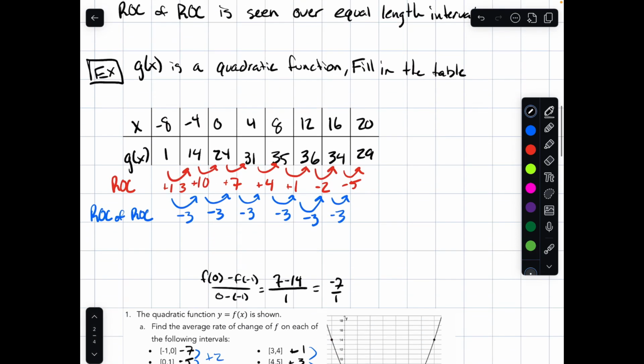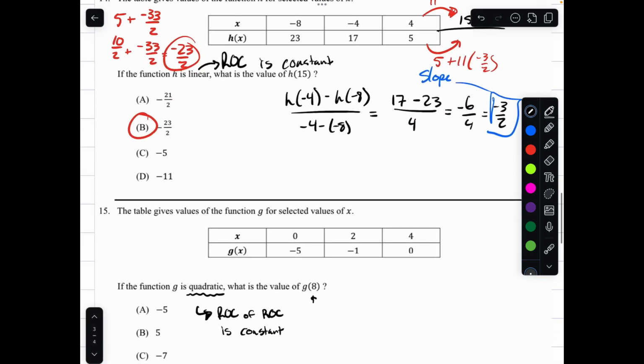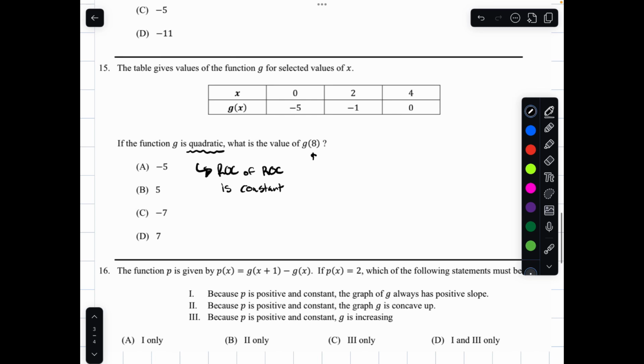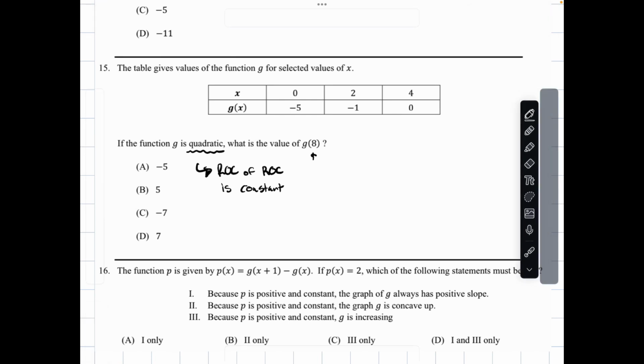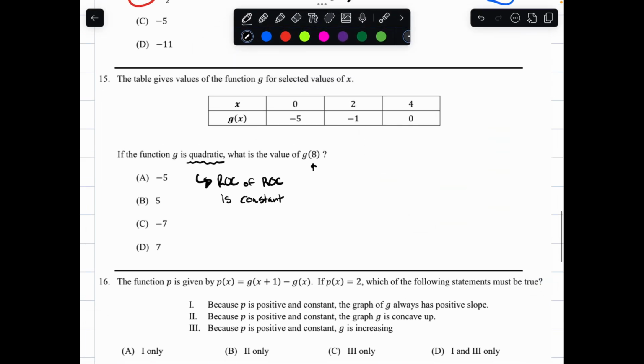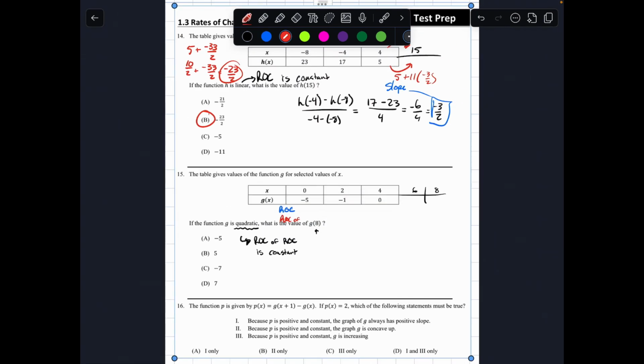It's going to look quite similar to this problem here, in the way that we do that. So I need to draw up my next couple x values of 6 and 8 here. And what I need to do is analyze the rate of change, and then the rate of change of the rate of change. I hate when it does this.